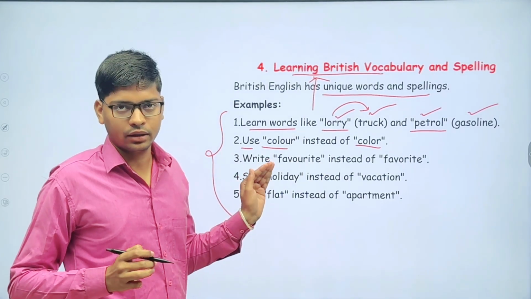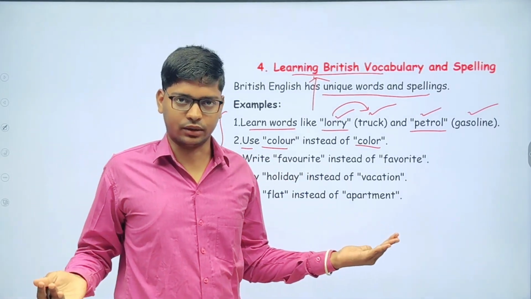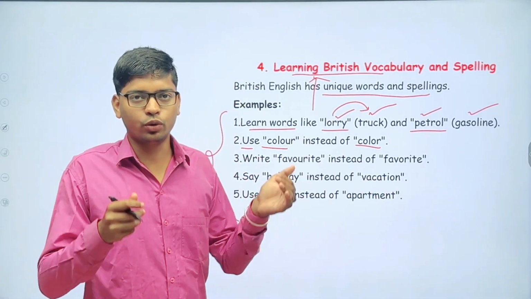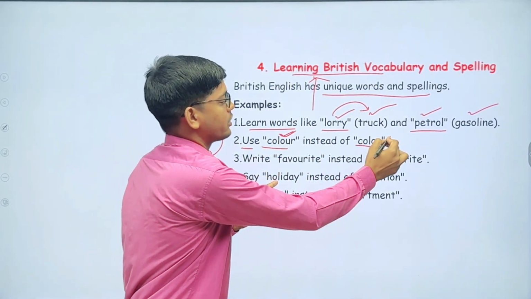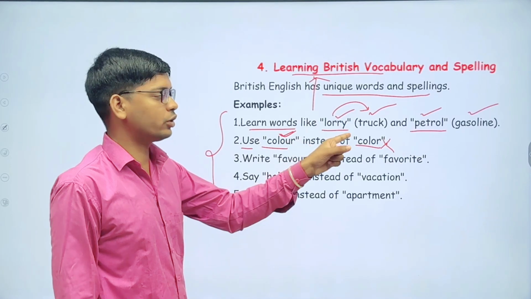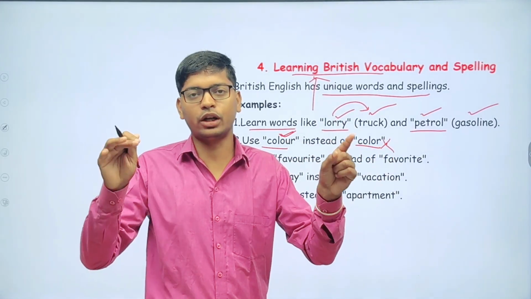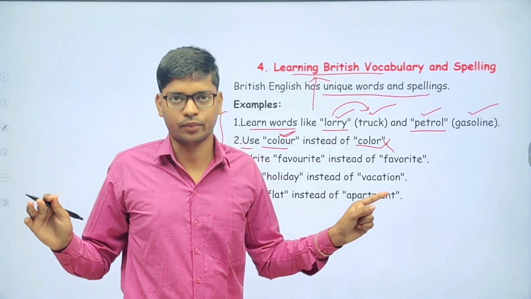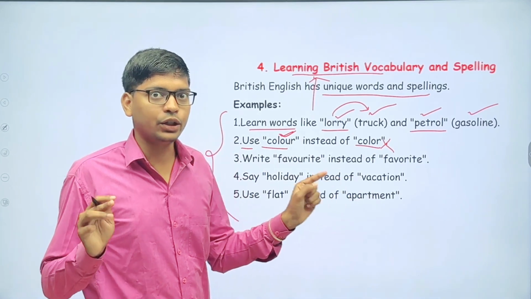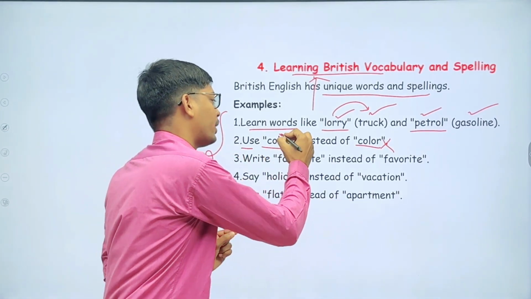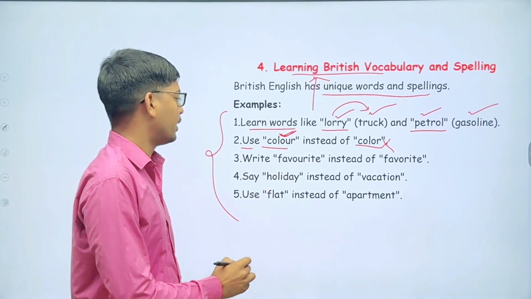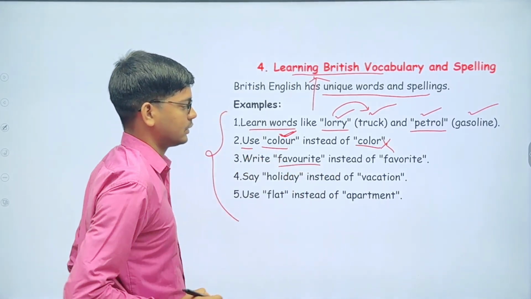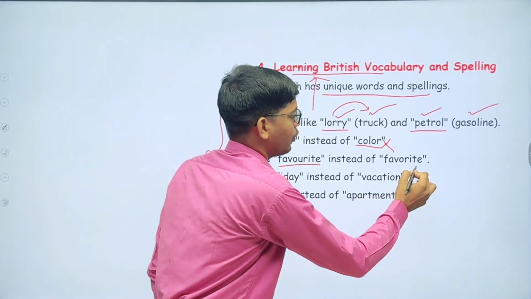Next, use colour instead of color. Whenever you write something, you have to use this spelling. The other is also right, but if you want to write like a Britisher, you have to write this word, not that one. Next, write favourite, not favorite.